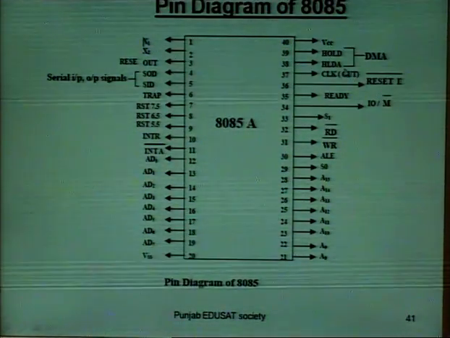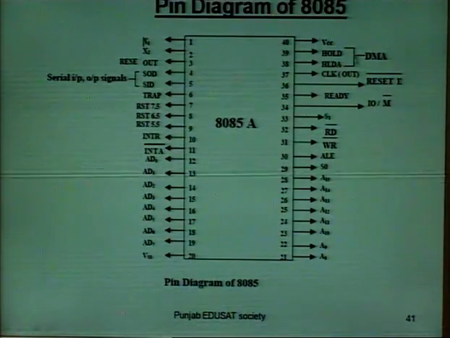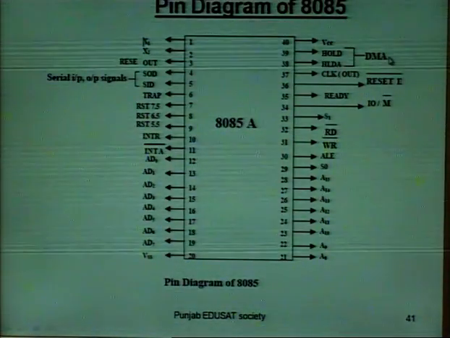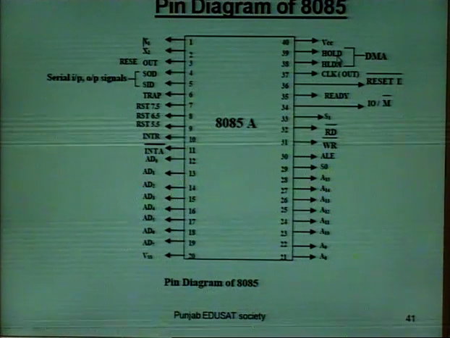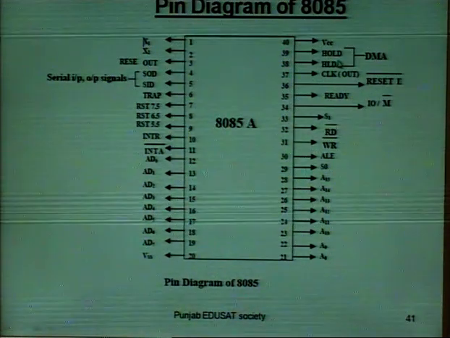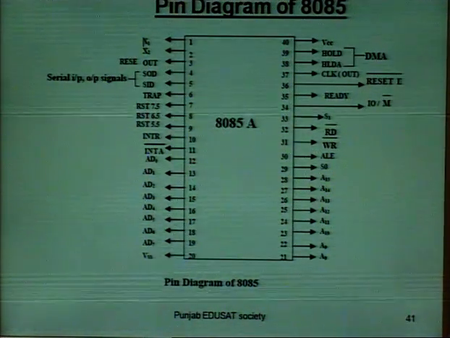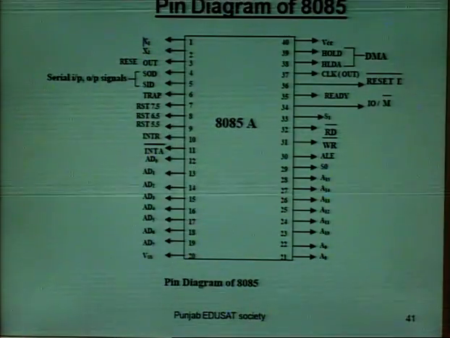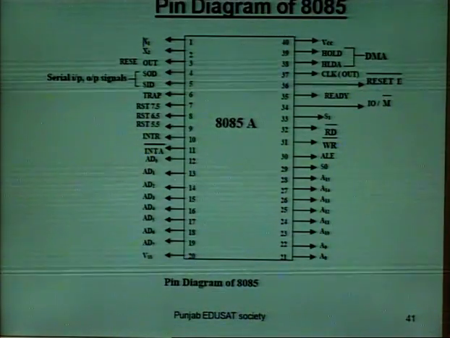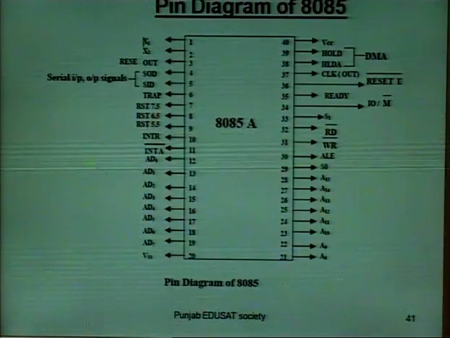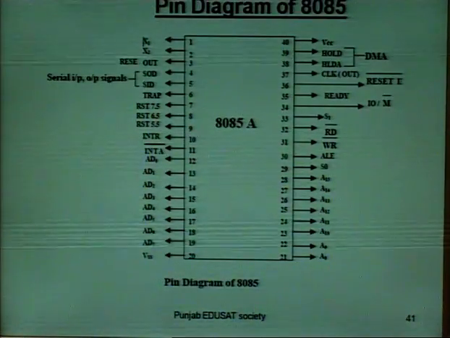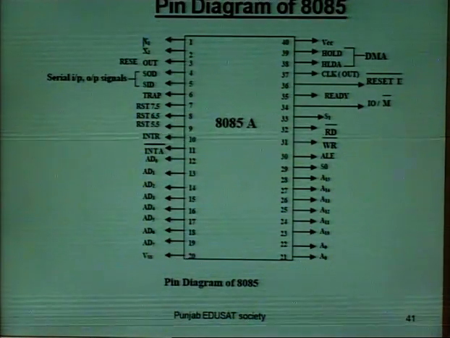Then HOLD and HOLD acknowledge, these two pins are used with direct memory access. HOLD is an active high input signal, HOLD acknowledge is an active high output signal. Both signals are used to implement the DMA data transfer technique.